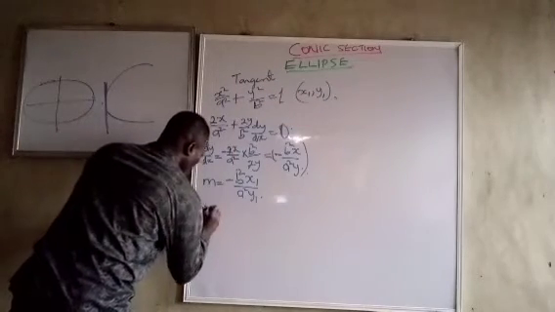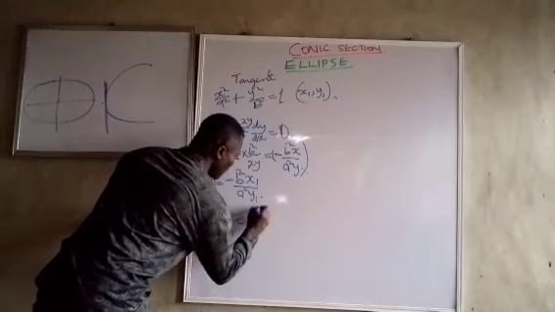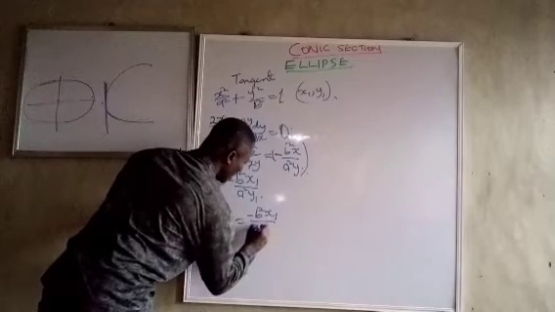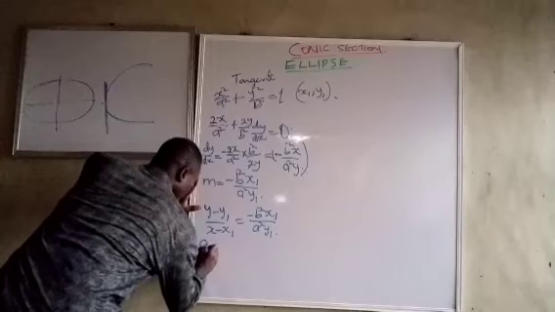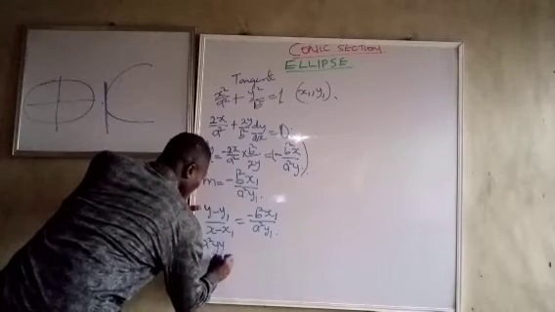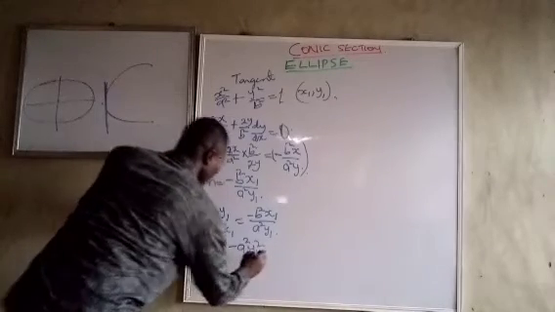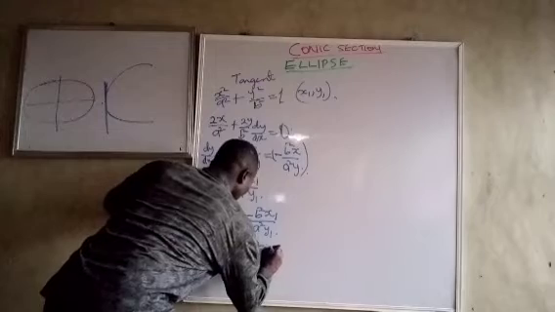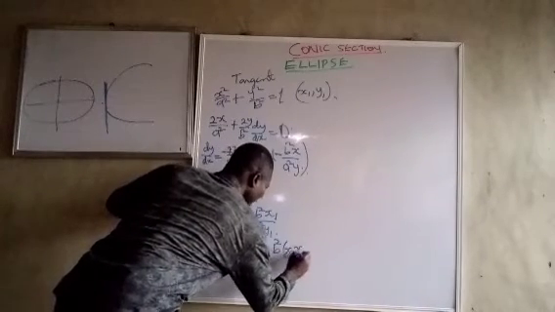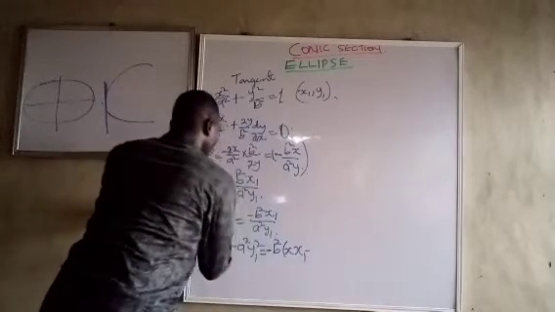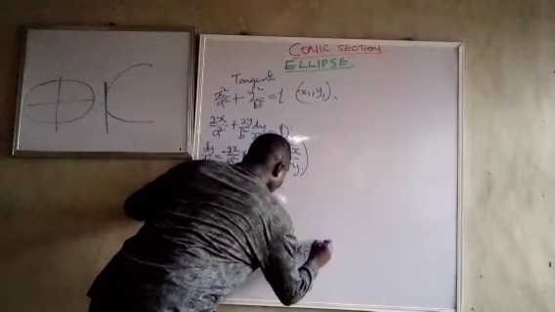The next thing to this: y minus y1 over x minus x1 is equal to minus b squared x1 over a squared y1. So we have a squared y1 minus a squared y1 squared is equal to minus b squared x1 minus x1 squared.